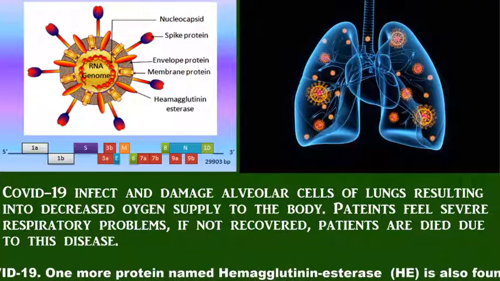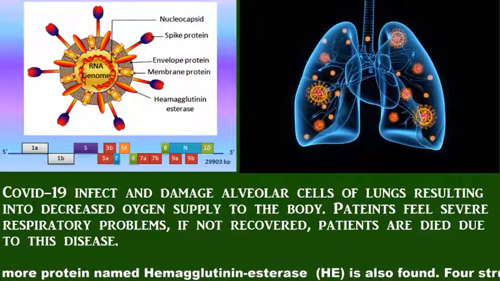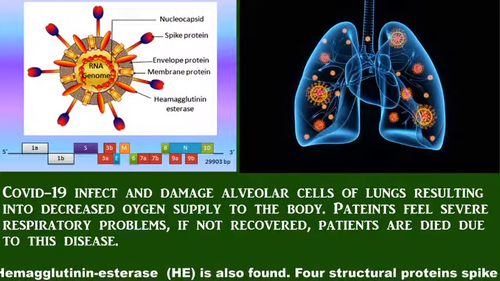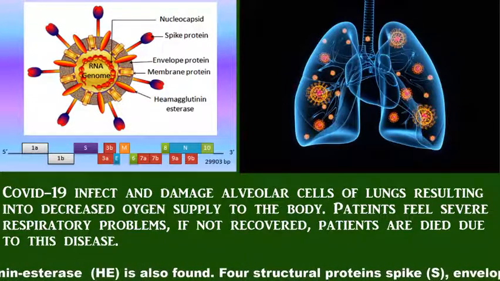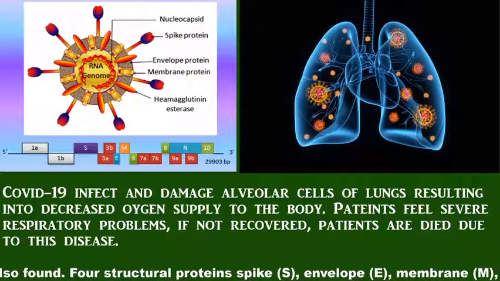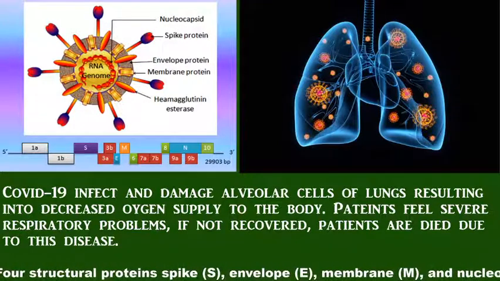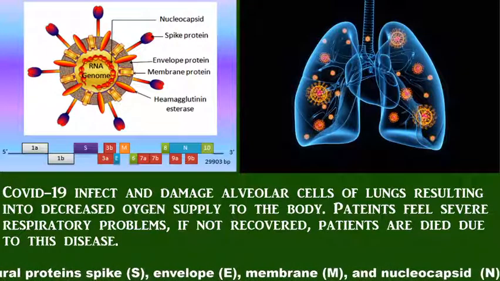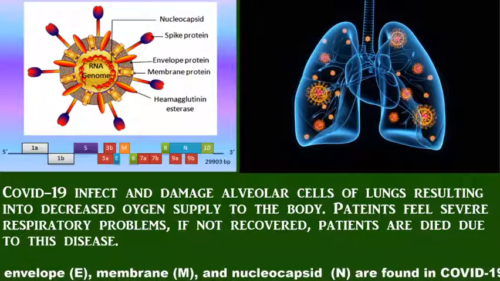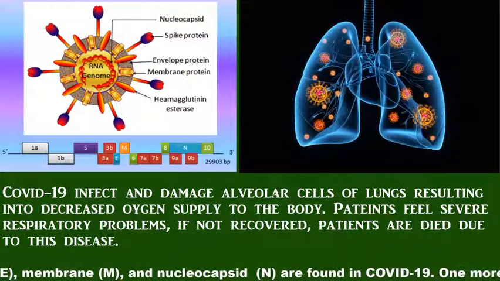After getting synthesized, the structural proteins of coronavirus get assembled into new virus. So this is the infective strategy and reproduction of new coronaviruses.